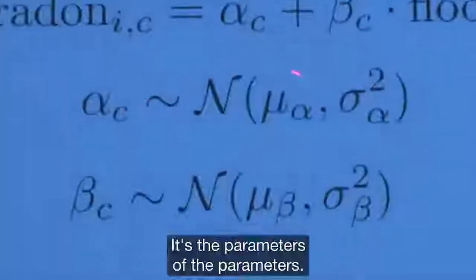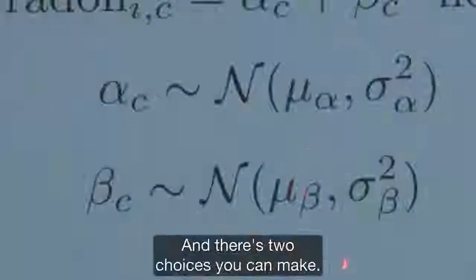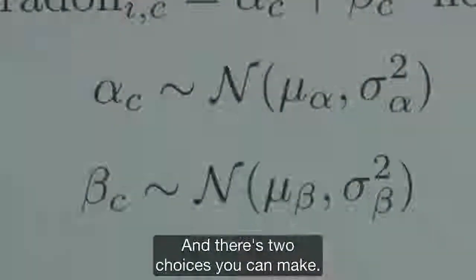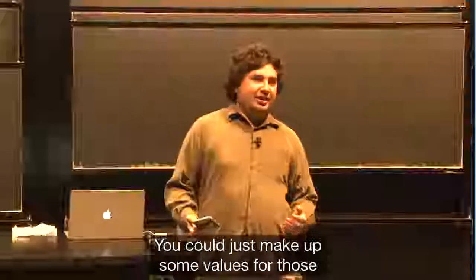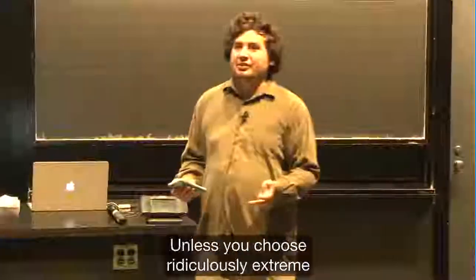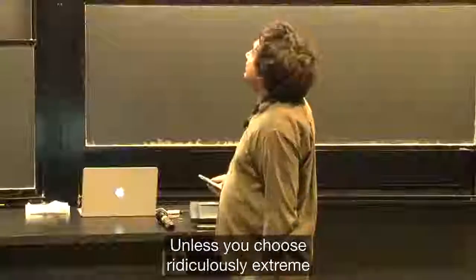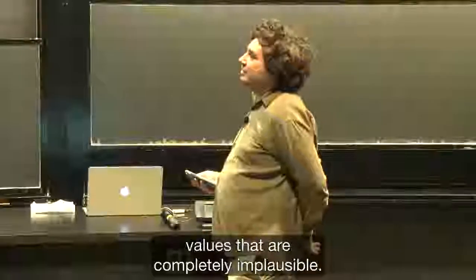Also, coming back to the prior, you could ask where these hyperparameters come from. They're the parameters of the parameters. Where does the mu alpha come from? Where does the sigma alpha come from? There are really three choices. You could just make up some values for those. It seems highly subjective, but unless you choose ridiculously extreme, implausible values, it will be fine.